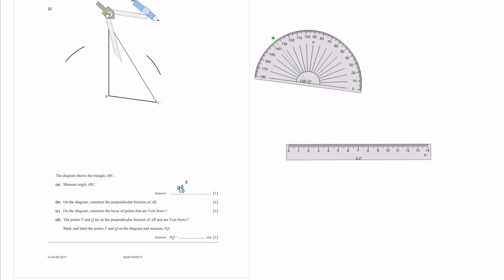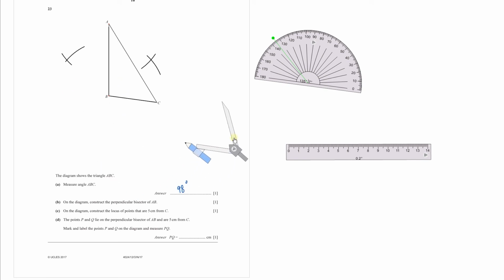And then I do the same by placing the compass on point A. So let me place it at A and bring it down. So this would be one point, and then on the other side, this would be my second point.